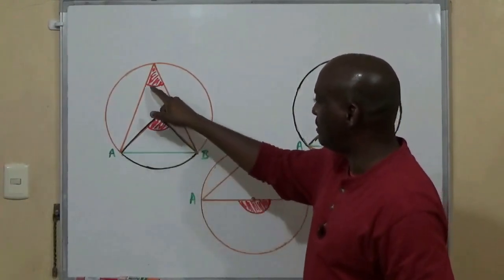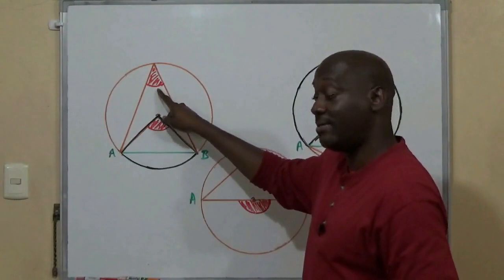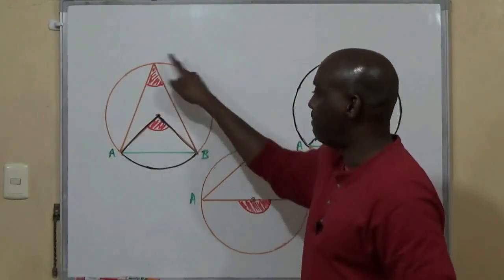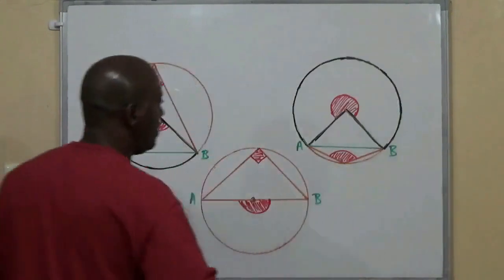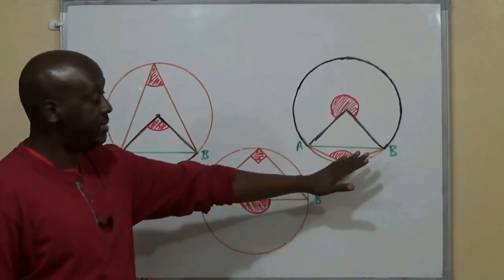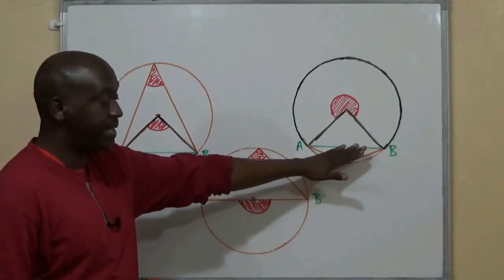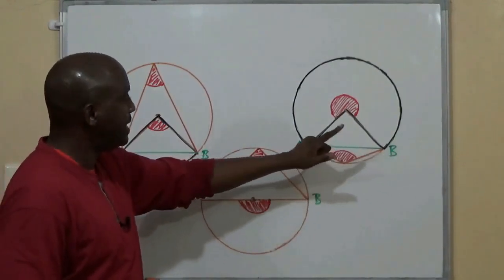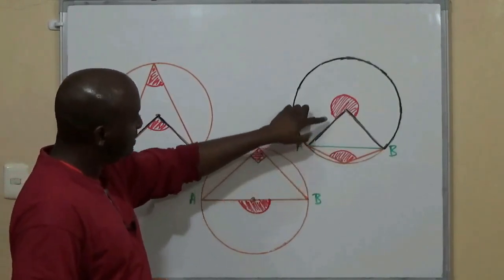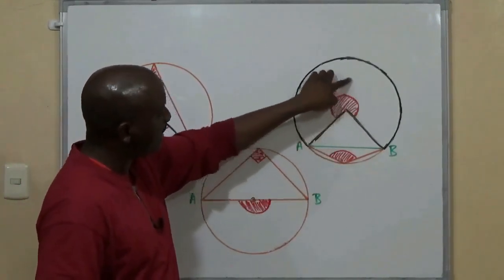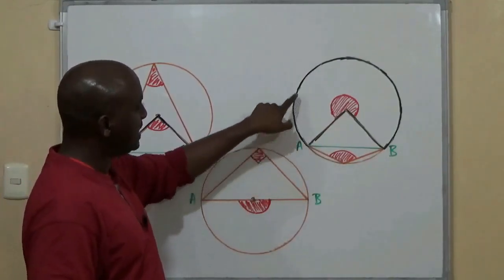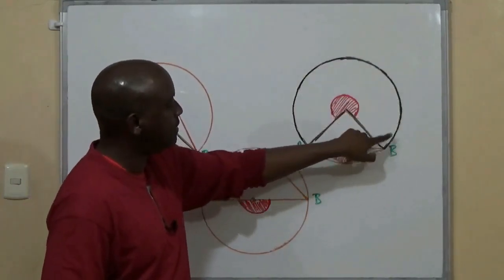That angle will be twice the angle subtended by the same chord at the circumference in the major segment. On the other hand, we have the same chord AB in this situation, same exact chord. In this instance, however, the chord subtends this whole angle here at the same center, but in the major segment.